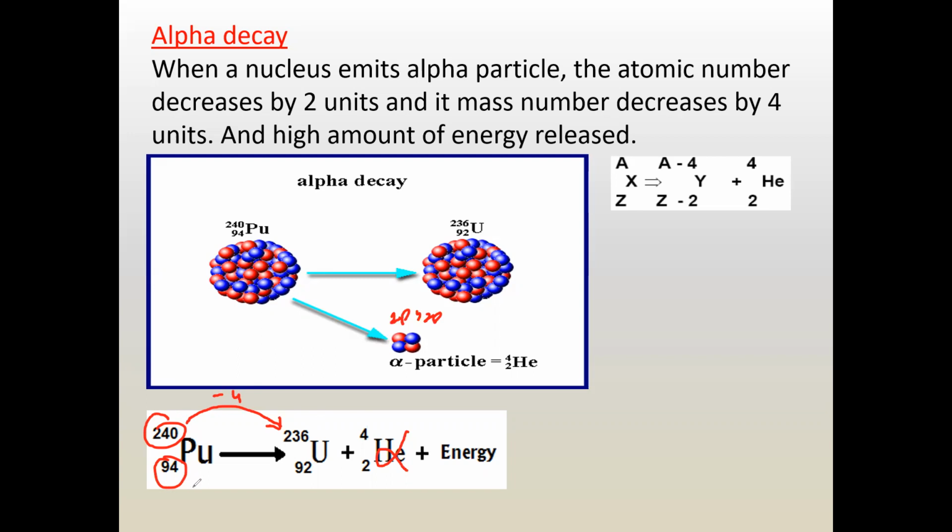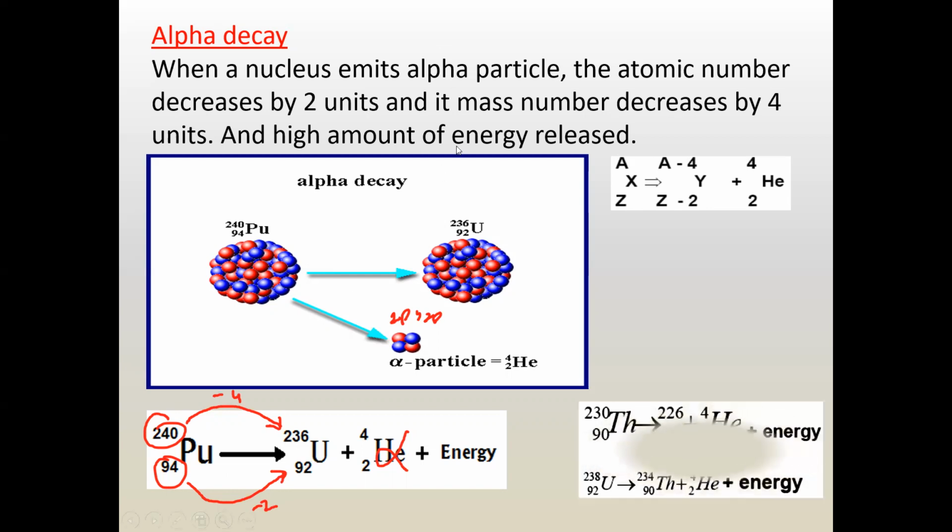And the atomic number will decrease by 2, because atomic number is the number of protons. How many protons are going out? Only 2 protons are released. So in terms of proton number, it decreases by 2. So originally it is 240, it becomes 236, and the atomic number 94 turns to 90.